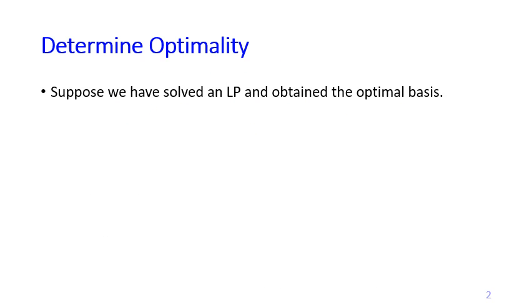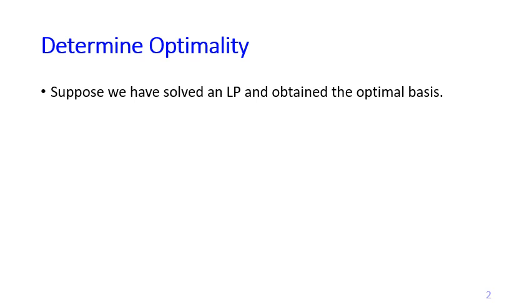So first of all, when you would like to perform sensitivity analysis, you need to make sure that you have obtained the optimal solution. Remember that you need to solve the problem first, you obtain the optimal solution, and after that, you may perform sensitivity analysis.